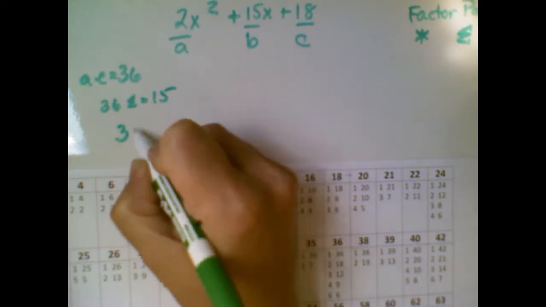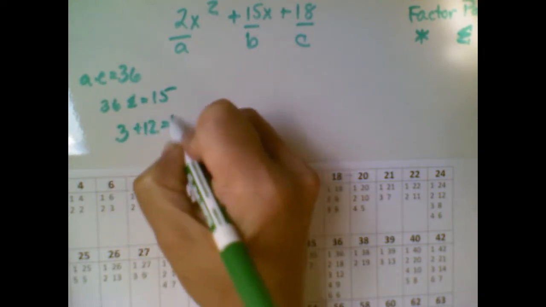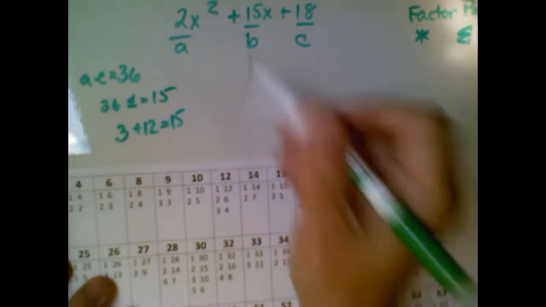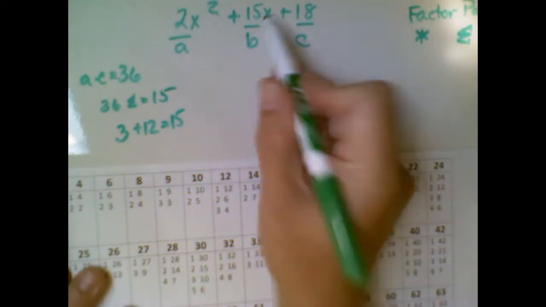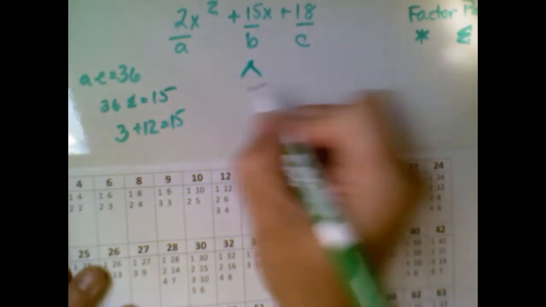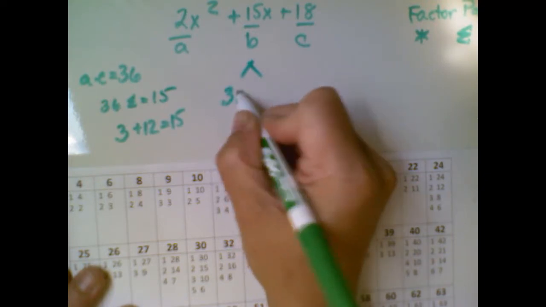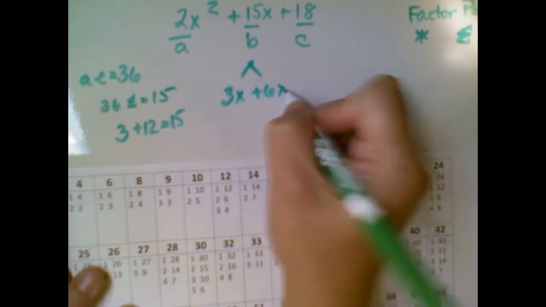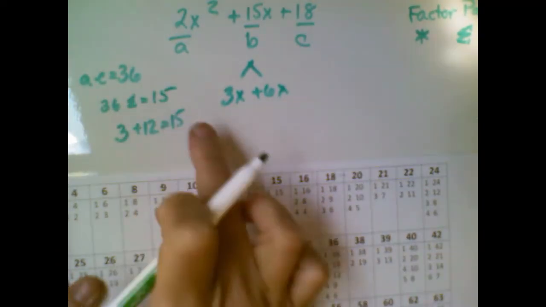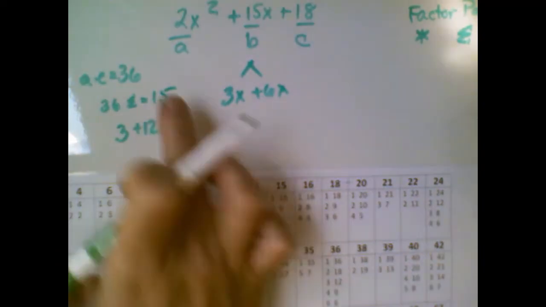So that would be 3 plus 12 equals 15. All right, and so that means that I'm going to break this 15 up into two parts. I'm going to break it up into 3x and 12x. And it doesn't really matter which order you do it in, but that you do it.